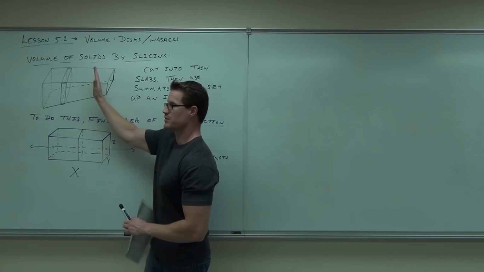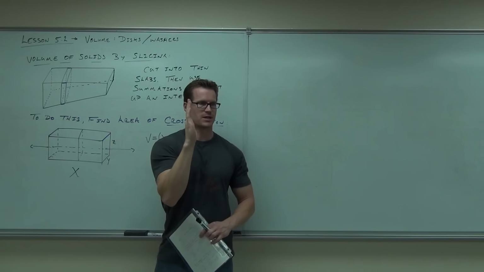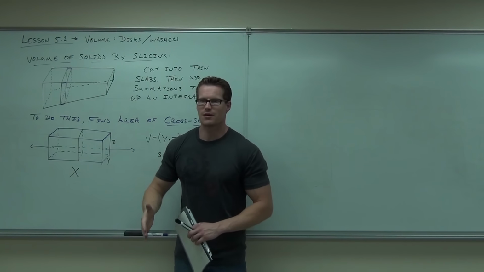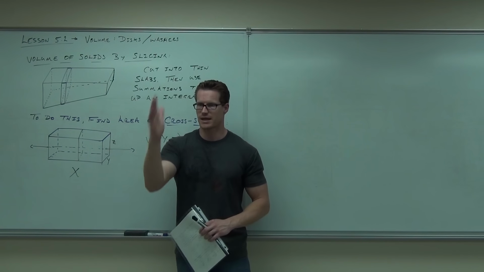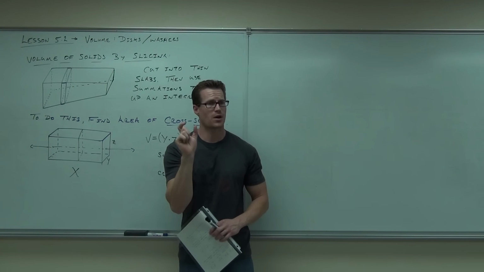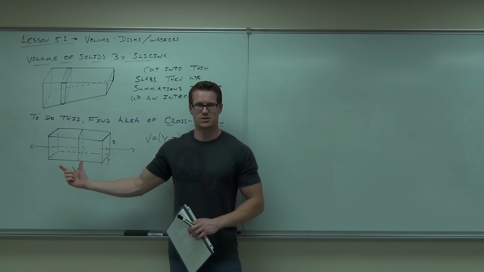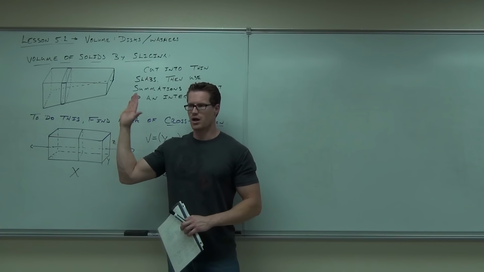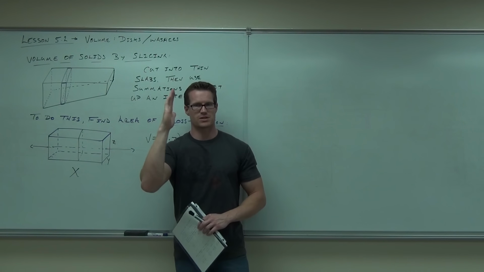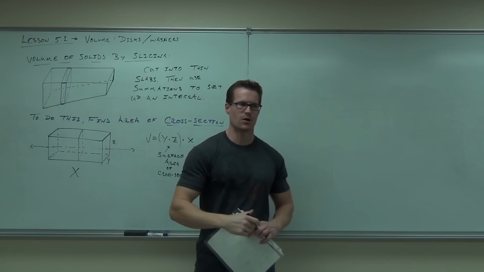Here, slabs that are perpendicular are very nice and easy. We can do that. So if our sides are perpendicular to the x-axis, we can start cutting it into slabs and approximating by rectangular prisms. Do you see the point? If they're not perpendicular to the x-axis, then this method's not going to work for us, and we have to do something else. But if the sides are perpendicular, we're good to go.